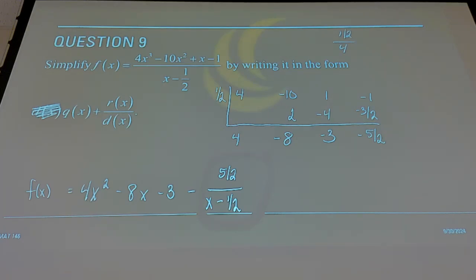Would you be allowed to have something like that? No, you wouldn't be, right? What is that called?